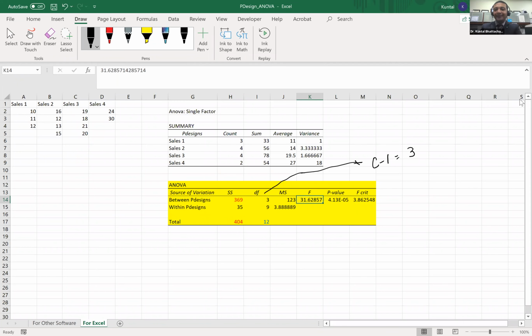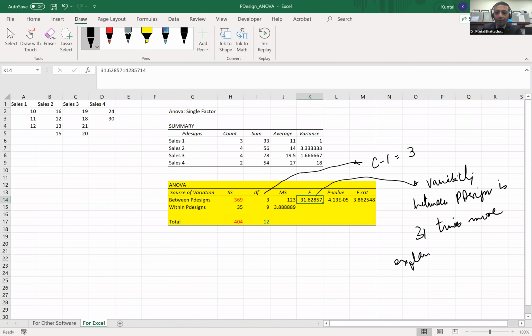One way of saying that is the variability between package design is 31 times more explainable than variability within package design.